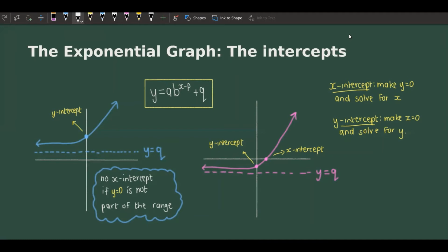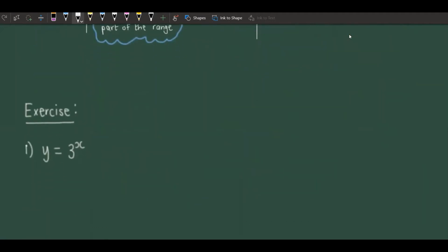Let us have a look at examples. So the first one is y is equal to 3 to the power of x. In this case over here, our asymptote is y is equal to 0. And our sign of the graph is positive. So our a is greater than 0, which means that this graph will have no x-intercept.